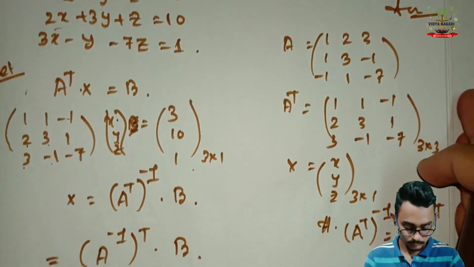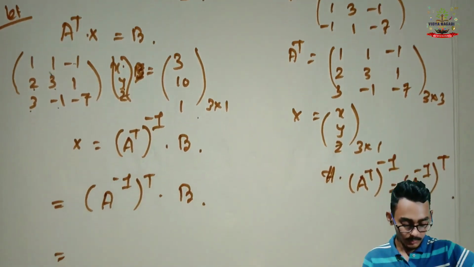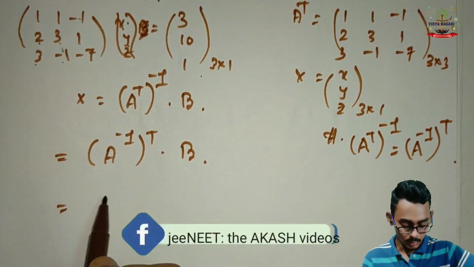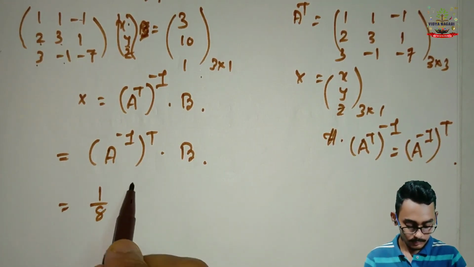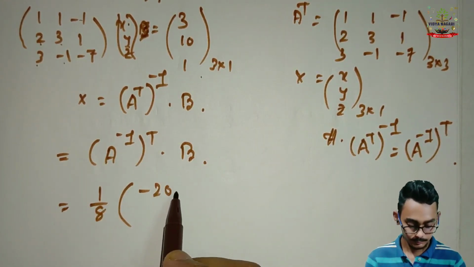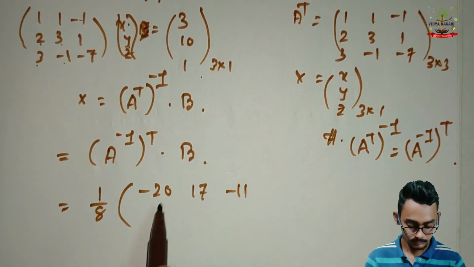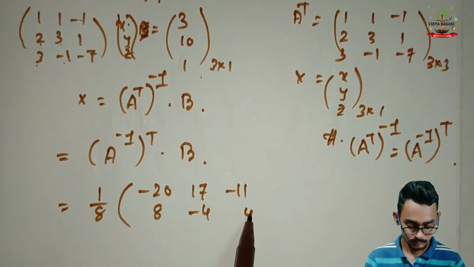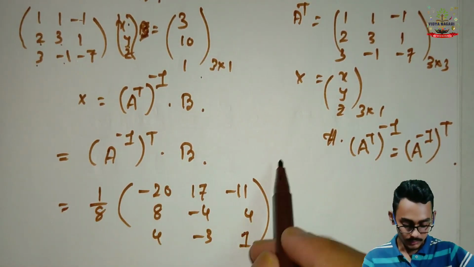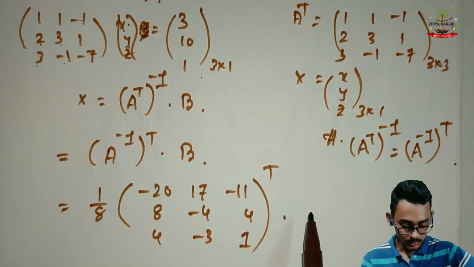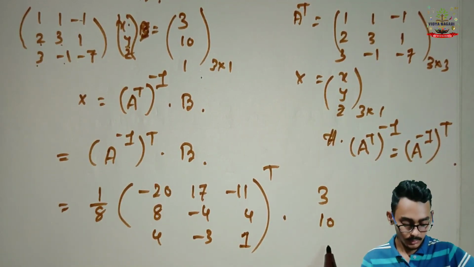So here I write this matrix, 1 by 8 of minus 20, 17, minus 11, 8, minus 4, 4, 4, minus 3, 1. Here there is the transpose sign, so I give the transpose sign here, and into b. b means 3, 10, 1.